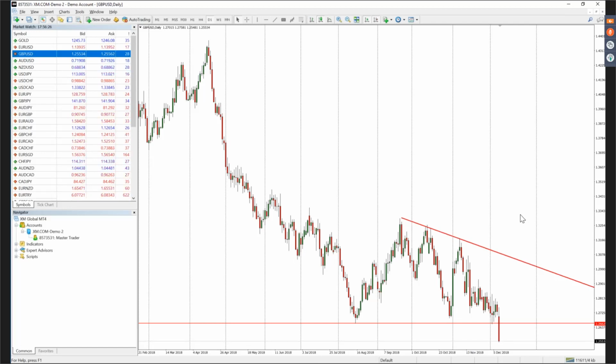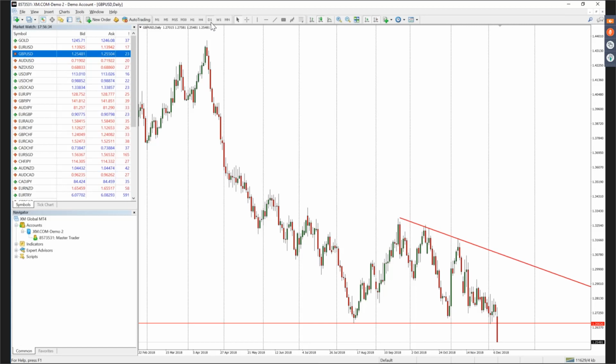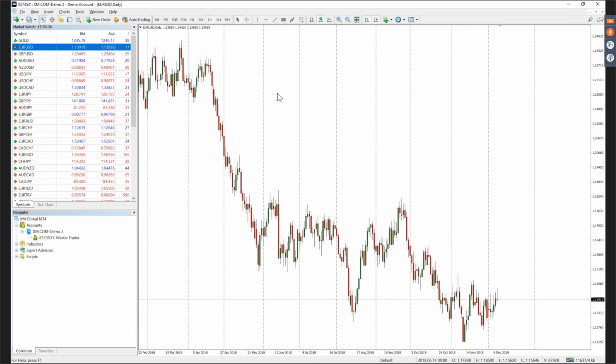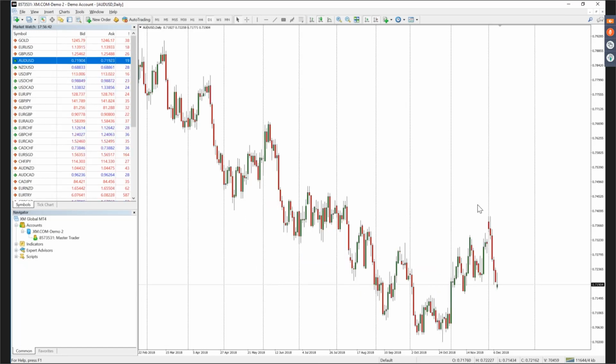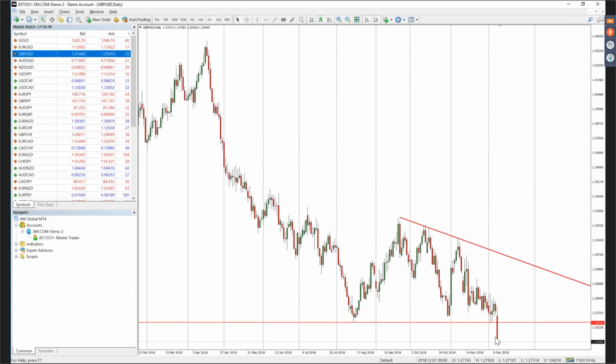And maybe that is also what has pushed the sterling pound to get weaker today, make new lows as we see. As opposed to the other majors, which are still holding, Euro USD isn't going down, AUD USD, NZD USD holding steady. We compare those to what we are looking at with sterling. It's clear to see that sterling is much, much weaker than all the other majors we've seen on the board at this moment in time.